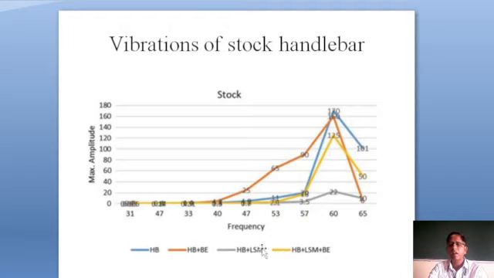So basically we are using different mountings on the handlebar, and this is how the vibration amplitudes are varying. Here you can see that at 60 hertz frequency, the vibration amplitude is as high as 170 meter per second square, which is a very high amplitude.